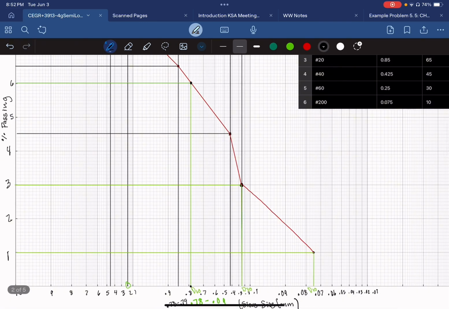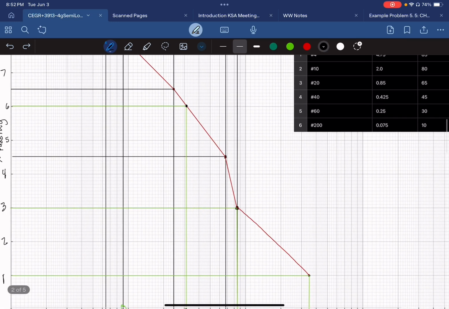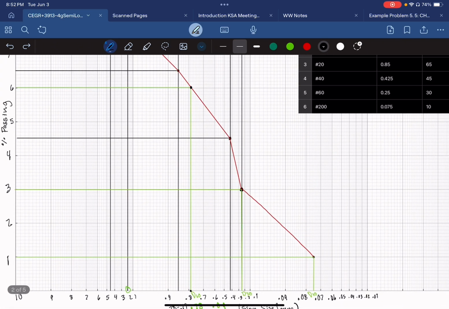So for the D60 point here, you can see that I did not include a point right on where the number 60 sieve hits on the line just because I wanted to show y'all what it looks like and that it's not going to be on an exact point.